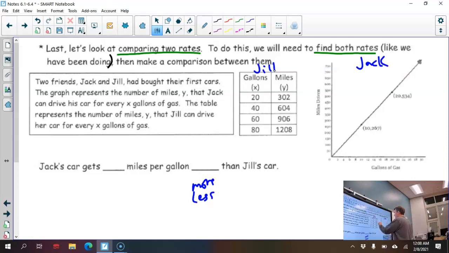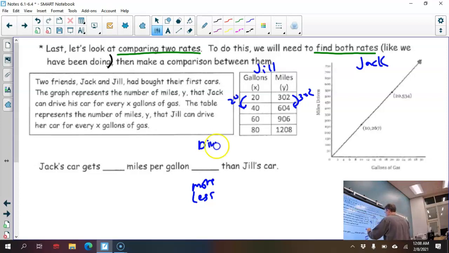So let's do the table first, right? We're going to see how much the Y is going up each time. It's going up by 302 every time X goes up 20. So if it goes up 302 miles every 20 gallons, how much does it go up each gallon?